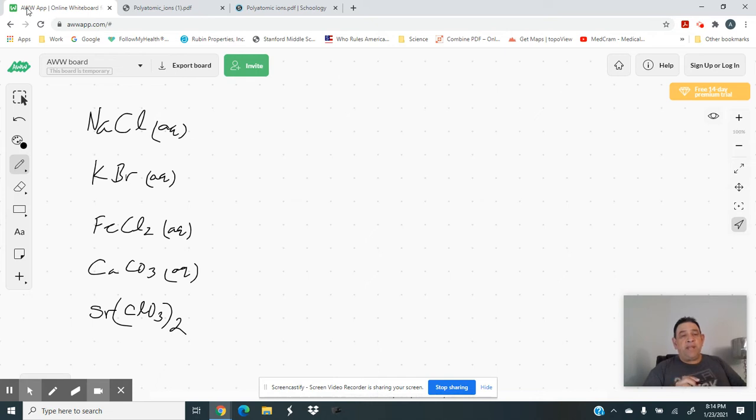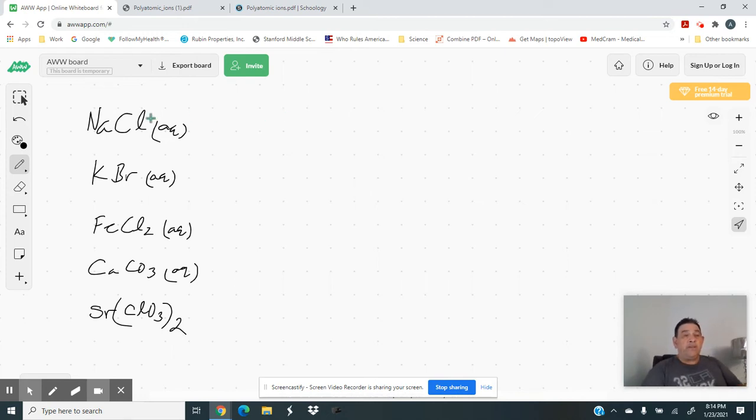We talked about aqueous substances last week, and we're going to see how when a substance is aqueous, it's in water, it's broken up into its ions. It's important to be able to write out the individual ions because they're going to be part of our next worksheet, when we're making what's called net ionic equations.